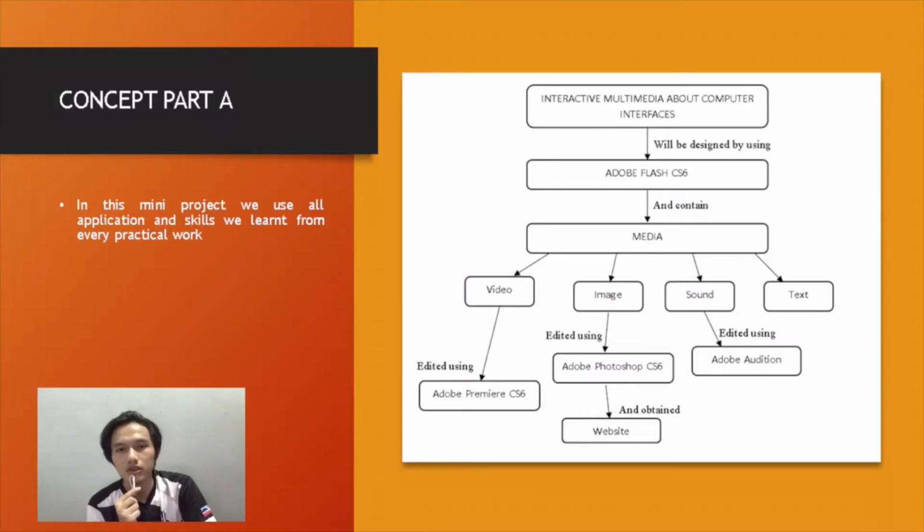So this is concept part A. In this mini project, we use all the applications and skills we learned from every practical work. Our title is Interactive Multimedia about Computer Interface. It will be designed using Adobe Flash CS6 and contain media. There are 4 media in this mini project.